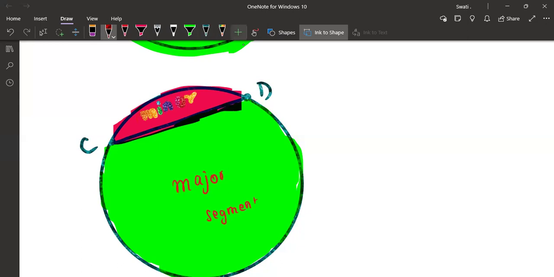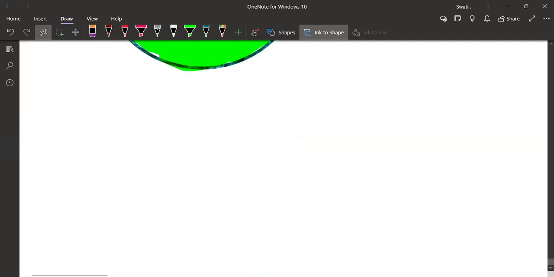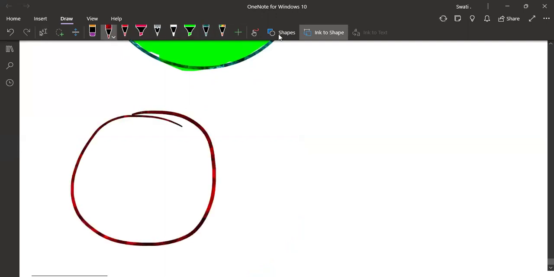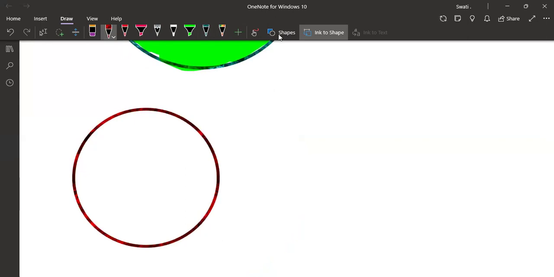Okay, at the end, Manya, we did the last concept about the circle and the lines. If you have a circle and a line which is not touching the circle at all, what will this line be called? Non-intersecting line. Correct?